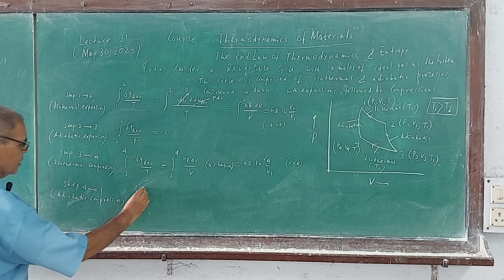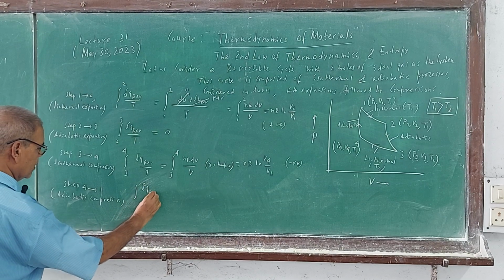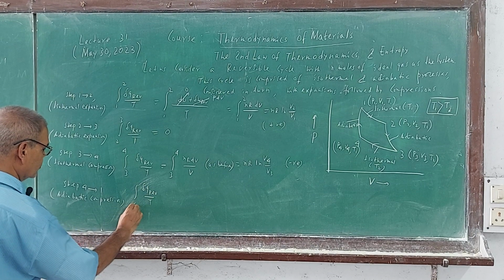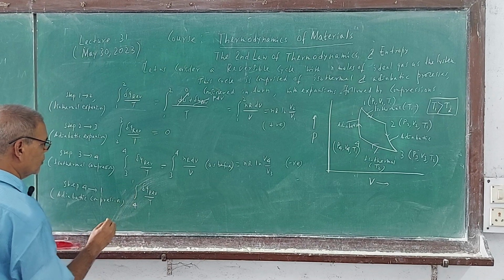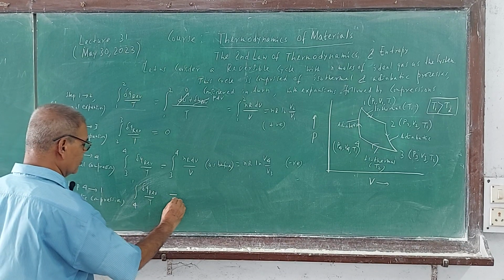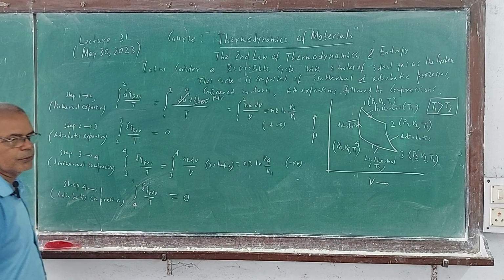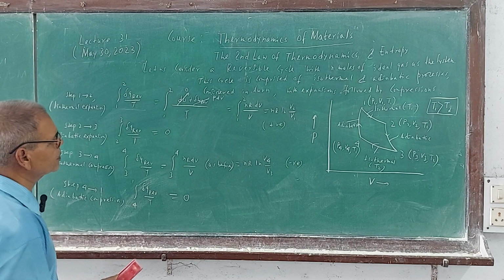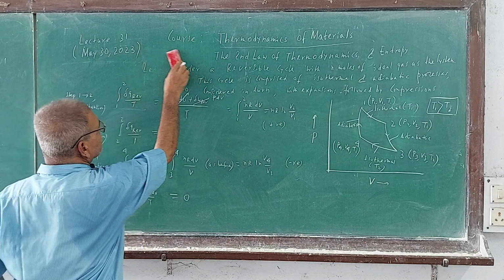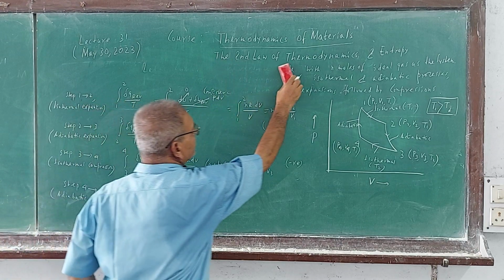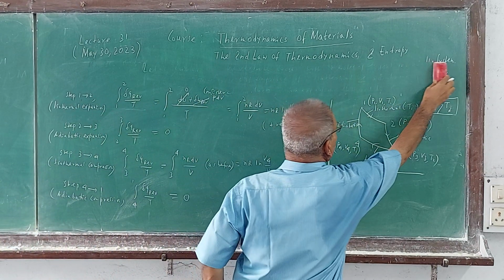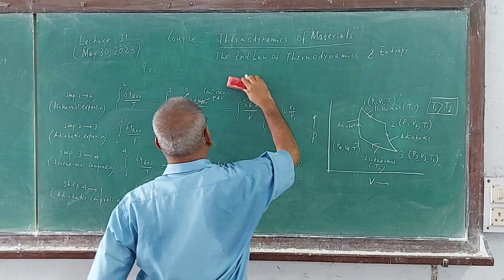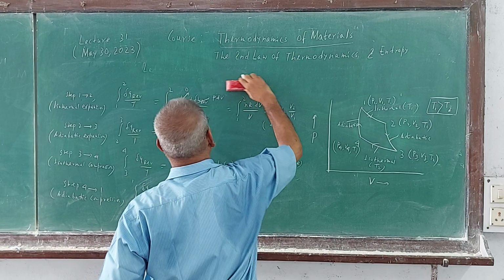Again you write similarly dq reversible by T from 4 to 1. As before, it is 0. So now I remove this, make some room.